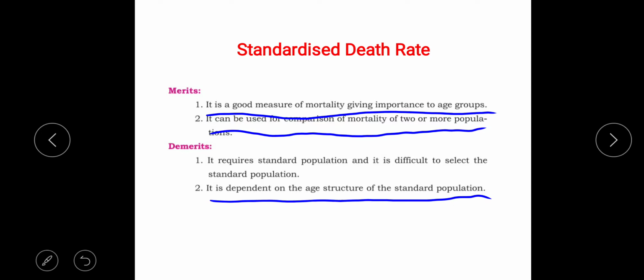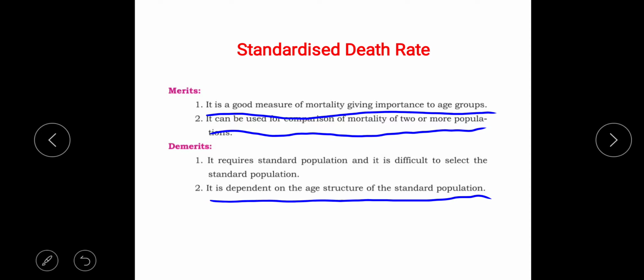So 0 to 20, 20 to 40, if they have given 0 to 10, 10 to 40, 40 to 50 and all, then also we have to take population in the same manner, otherwise it is difficult to calculate STDR. So here we complete this first part of the mortality rates.